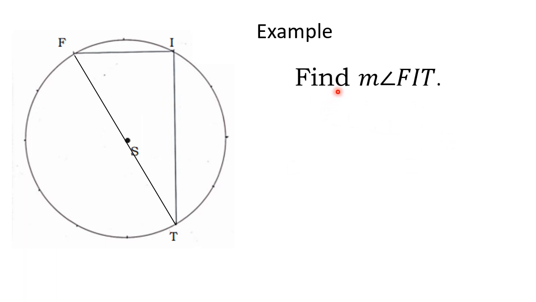If we're tasked to find the measure of angle FIT given this figure, how are we going to solve this? If you have observed, you are not given any data. But remember that we have here arc FT, which is a semicircle, and a semicircle is 180 degrees.